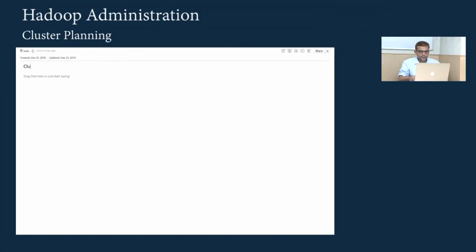So the agenda of this particular chapter is cluster planning. Here we are first going to talk about sizing of the cluster. What should be the size of my cluster? How should I plan for that? Next thing we will see is the hardware. What should I buy for slave and what should I buy for the master?